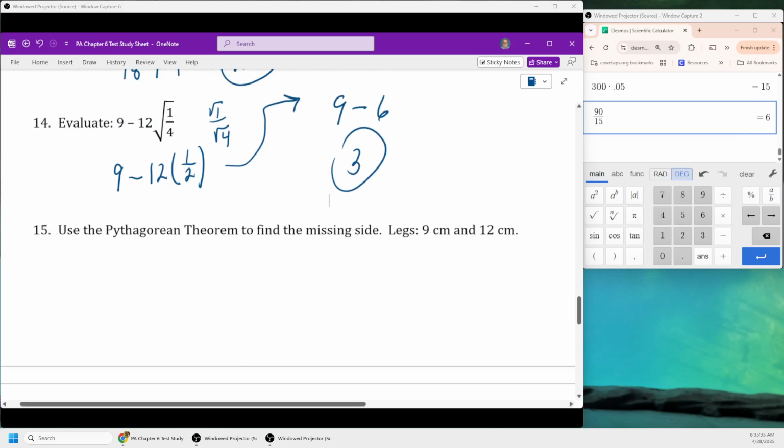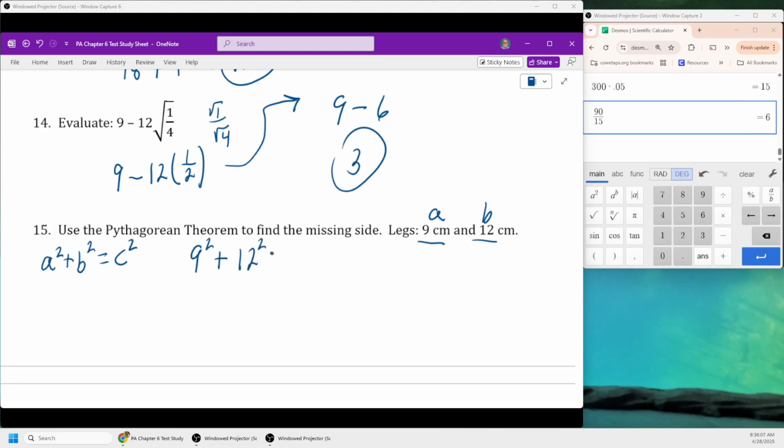All right, so number 15 says use the Pythagorean theorem to find the missing side. It tells us we have the 2 legs, so that's like A and B. What are we missing? C, the hypotenuse. So again, we're using the Pythagorean theorem. We're going to go 9 squared plus 12 squared equals C squared.